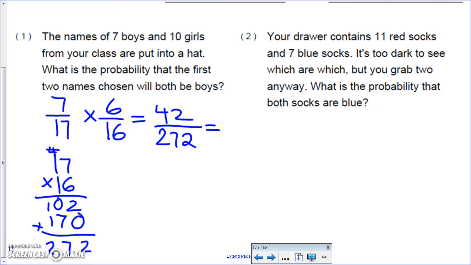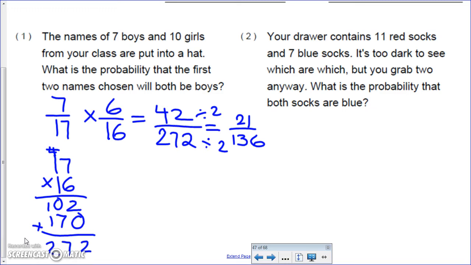Since both numbers are even, we know it can be simplified, so we're going to divide the top and the bottom by 2, and we're going to get 21 over 136. So the probability that a boy's name will be chosen for the first 2 names pulled is 21 over 136.